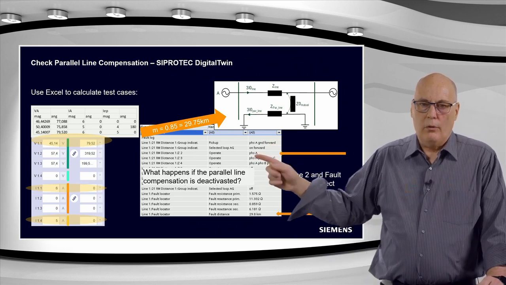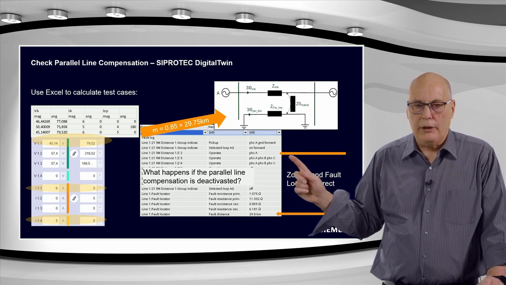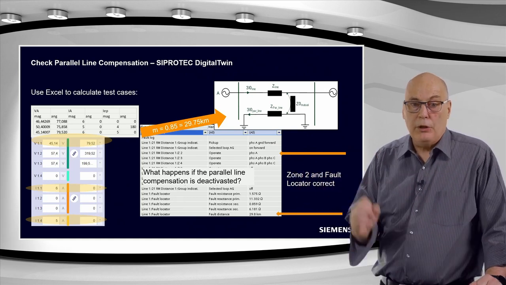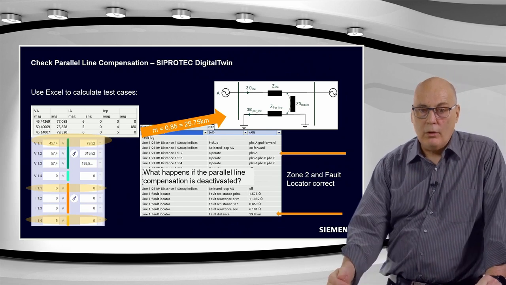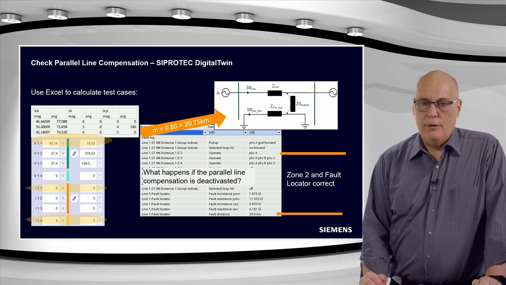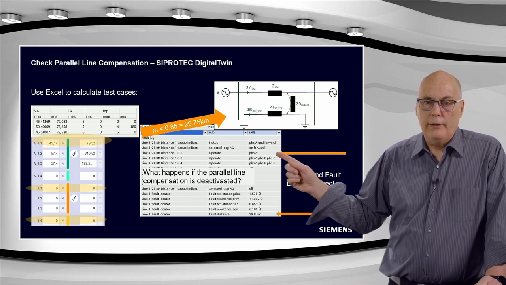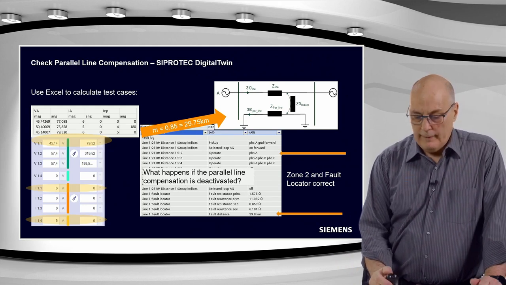This is the fault log for that test case, just to show there's a correct zone 2 operation, not zone 1. So distance protection did not overreach. The fault was seen correctly at 85%, did not come into the 80% zone 1 setting. So that proves that also the distance protection is working correctly here. Only a zone 2 operate, no zone 1. And the fault locator there is also working correctly.